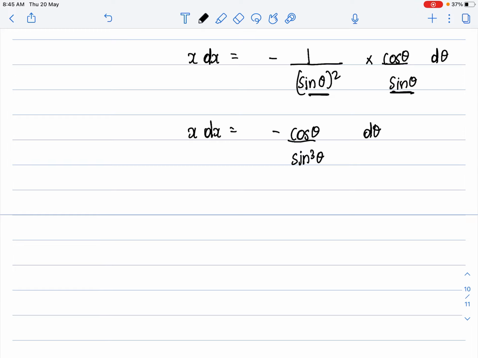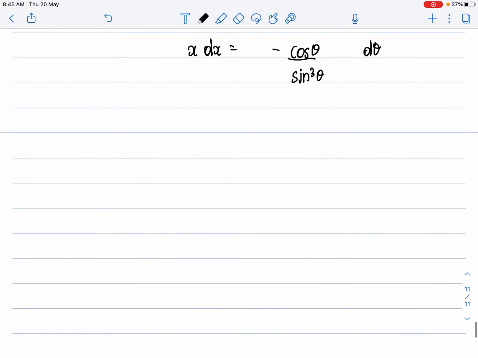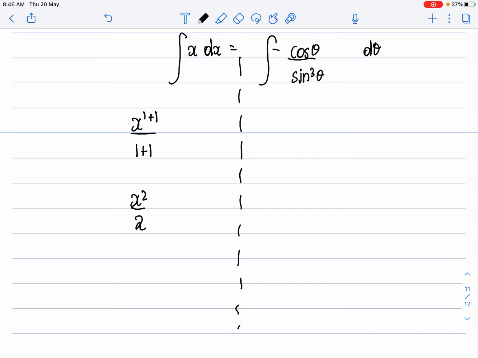Got it? Now I can integrate both sides. The integration of x will be x raised to 1 plus 1 over 1 plus 1, which gives me x square over 2.